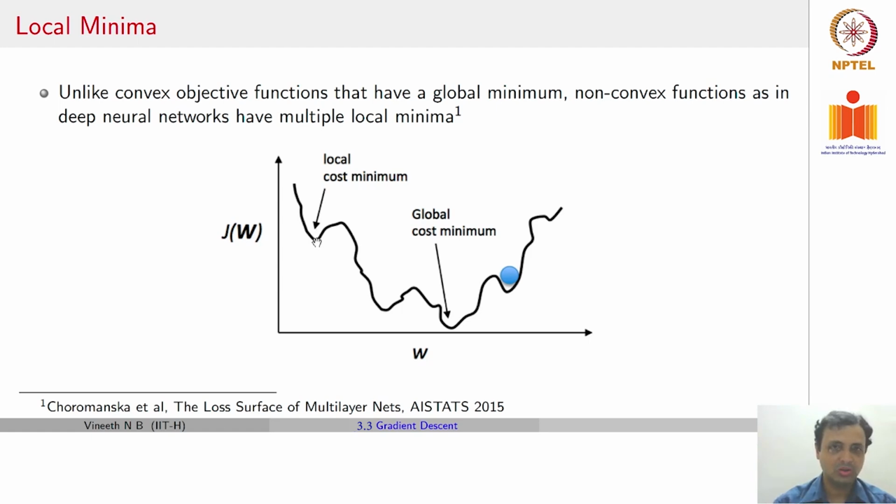Why so? Because when you hit one of these local minima, your gradient is going to be 0 and your gradient descent algorithm will terminate. Which means it's going to be extremely important to know where to start, and unfortunately, when we start training a neural network, we do not understand the complexity of the error surface involved.